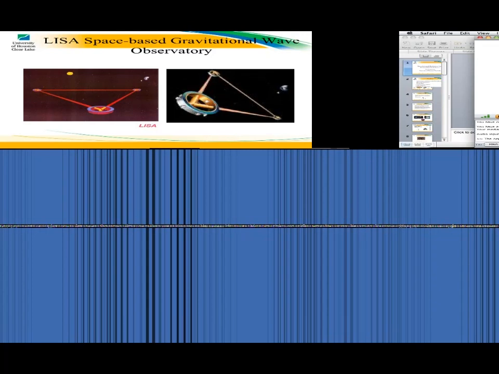So you can have more sensitivity than you can get on Earth. Another thing is you can reduce a lot of noise because you don't have seismic noise up here. Where LIGO went from 10 hertz and up, LISA is going to be on the order of a microhertz up to maybe a hertz. So it's going to go after the low frequency regime.